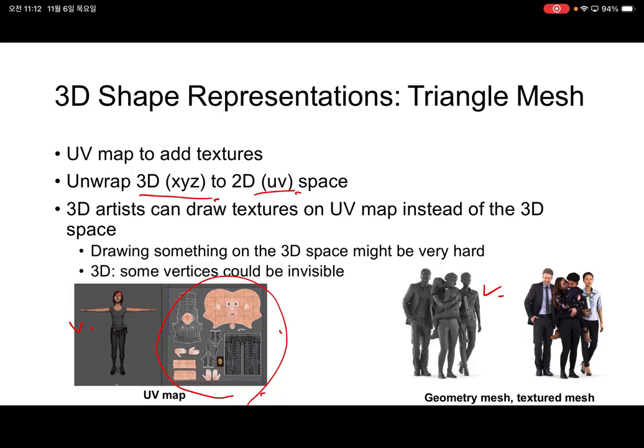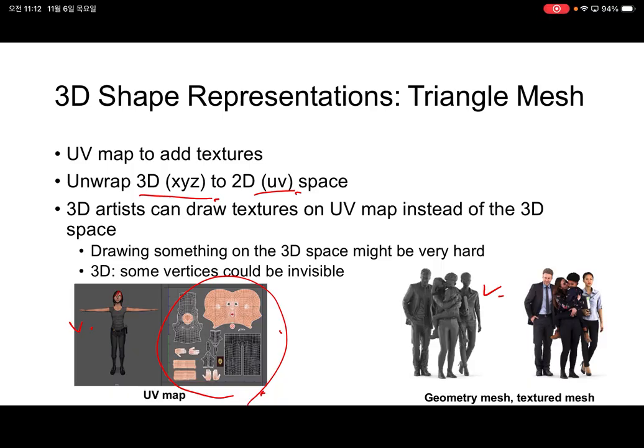Maybe a 3D artist can assign my skin color or my eye color, hair color, or some jacket color, anything. 3D artists can draw and add textures on the UV map. That is how we can get colored meshes. And this is called the UV map.